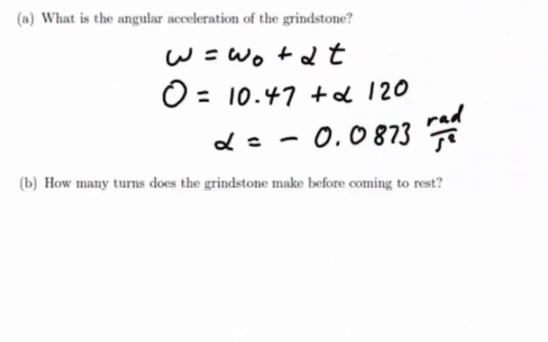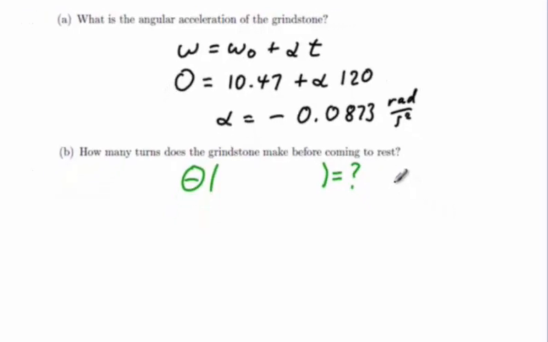We can now proceed to part B, which asks, how many turns does the grindstone make before coming to rest? Turn is an angular distance, and so in fact we are trying to find a value for theta. Theta equals what is in fact the question where, and that is an ill-formed question until we repair it. We can repair it in one of two ways. We can ask for the theta when omega is equal to 0, because that in fact is exactly what it means to come to rest.